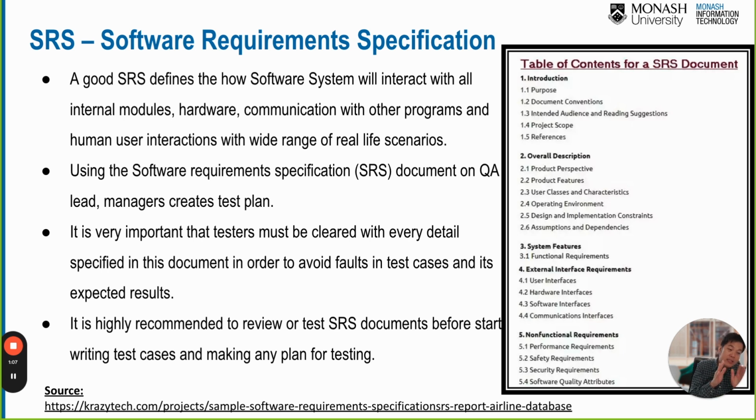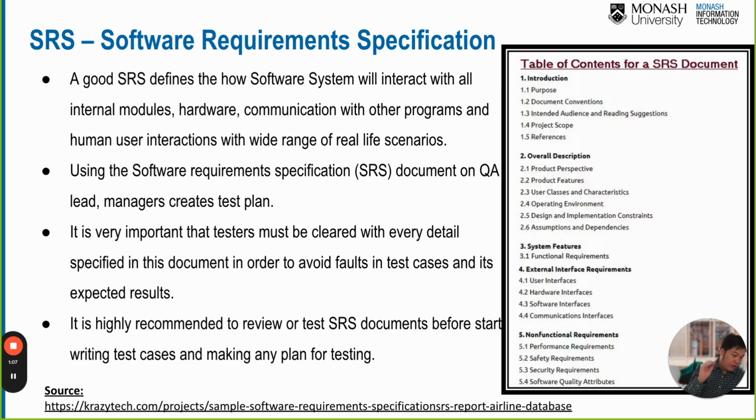First of all, it is like a technical report. You have the introduction, the purpose of the software system, and the document conventions, the glossary, the word list, technical terms. The second section describes the overall description: product perspective, product features, user classes, operating environment.